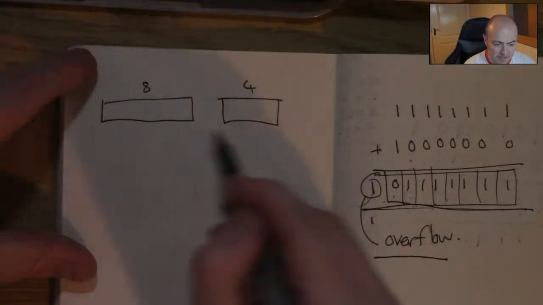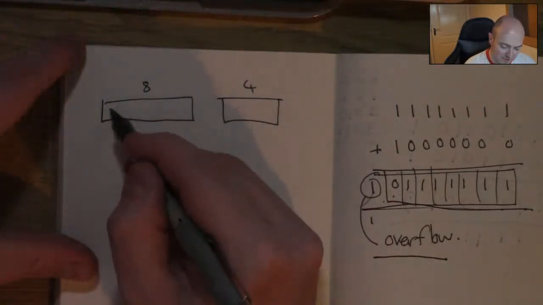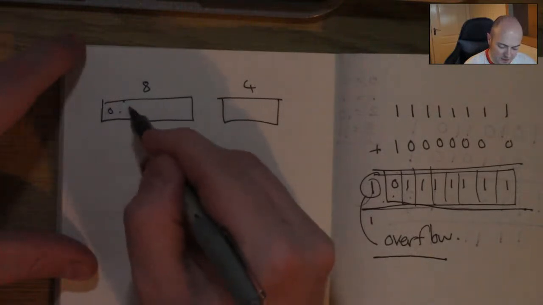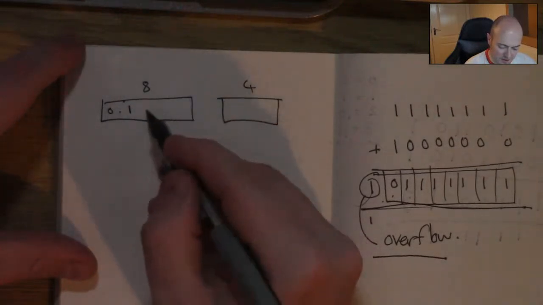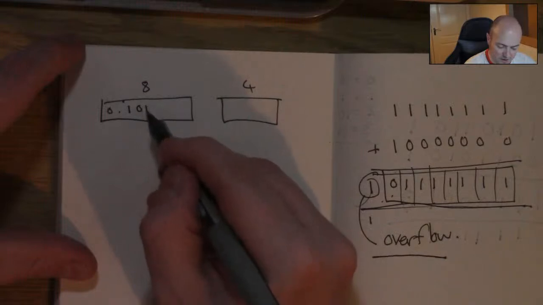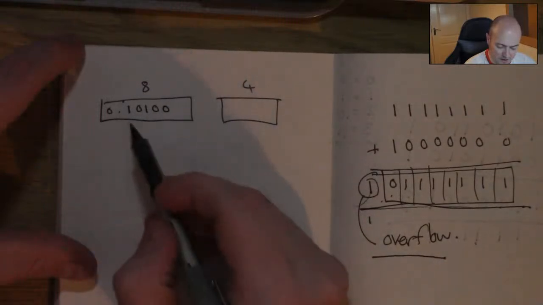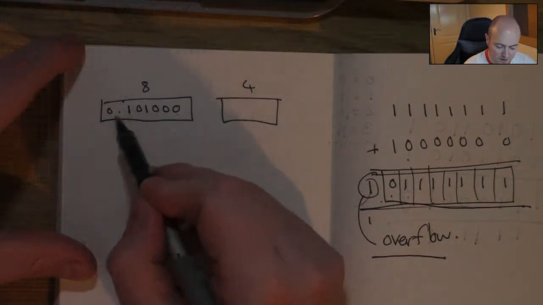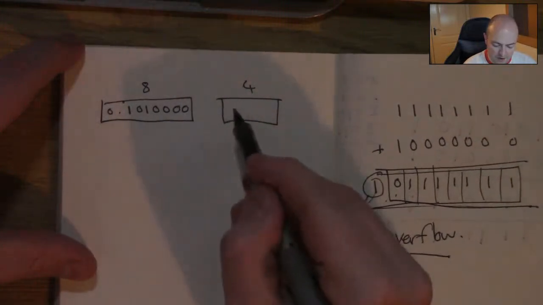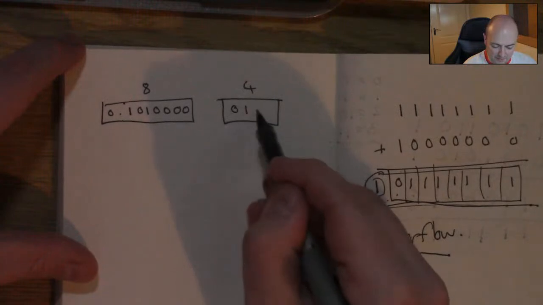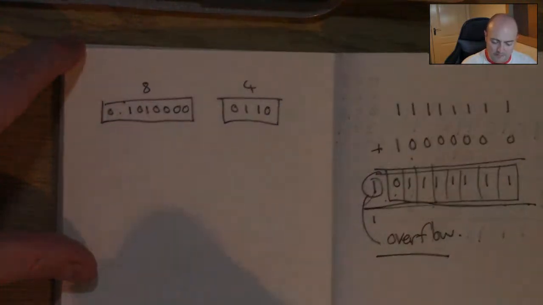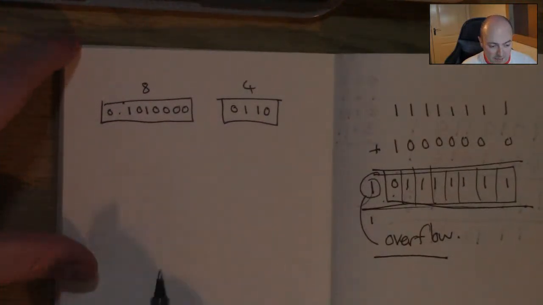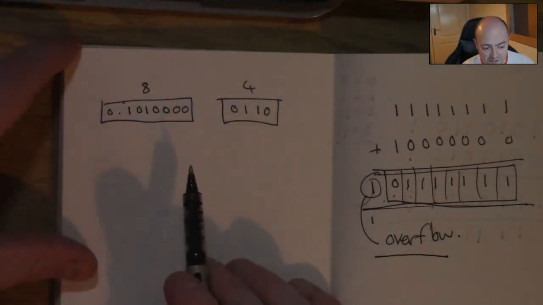So an 8-bit mantissa and a 4-bit exponent. There we go. And our exponent will be. Okay, I have no idea what this is yet. We'll work it out. I'm just trying not to find a question that's going to confuse us.